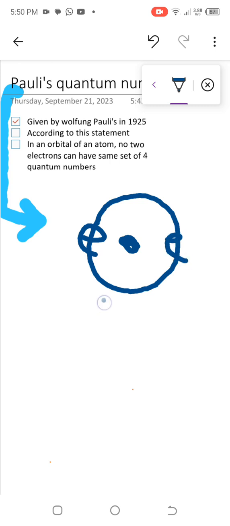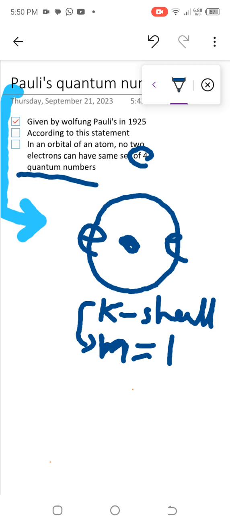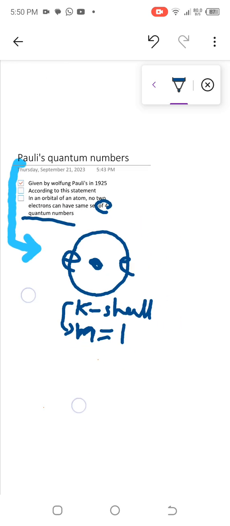For suppose this is the K shell, as we all know, and the principal quantum number in the K shell is n, n equal to 1. Now we have to find out how these four sets of quantum numbers are different, or not the same, from each other.